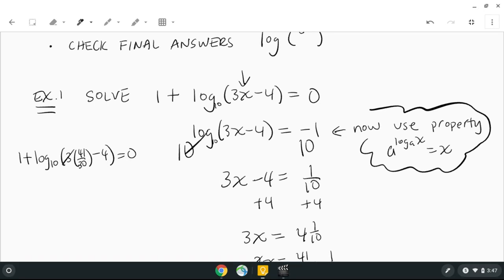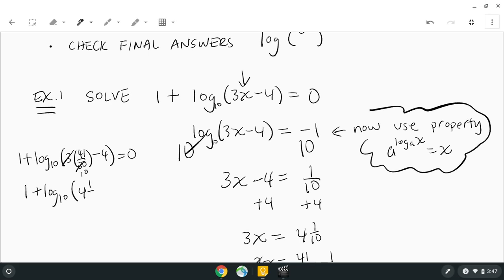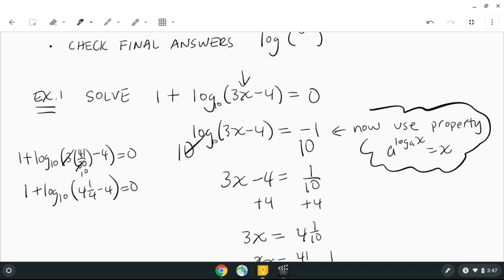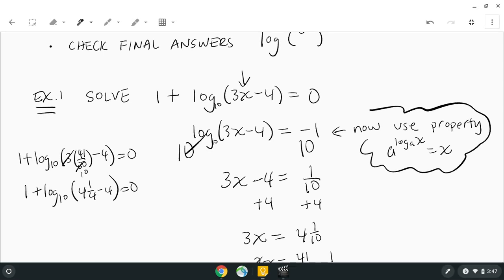Here we get 4 1/10 minus 4, so we're not getting 0 inside there. 4 1/10 is more than 4, so when you take away 4, you're not 0 and you're not negative. You can stop there. If you want to keep going you can, but I can already see that it works.